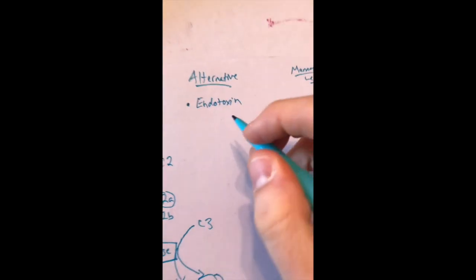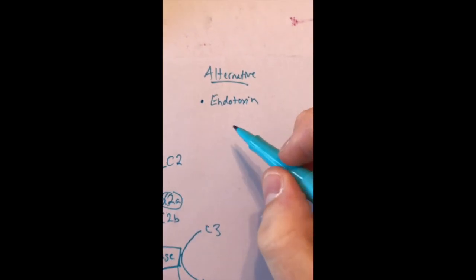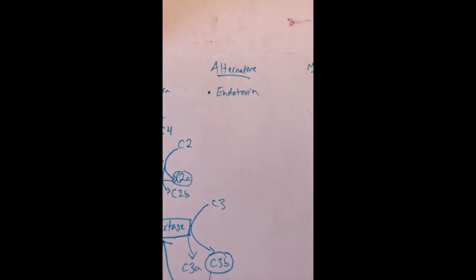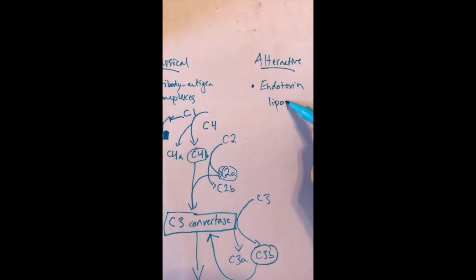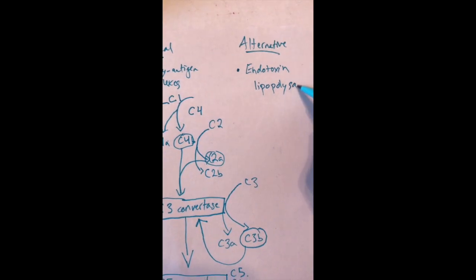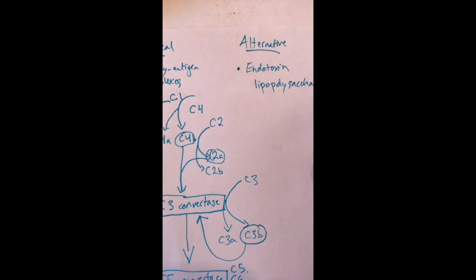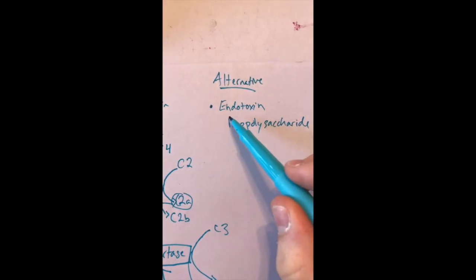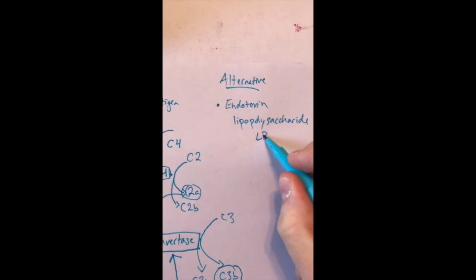And so remember, endotoxin refers to surface components on gram-negative bacteria called lipopolysaccharide, also known as LPS for short.